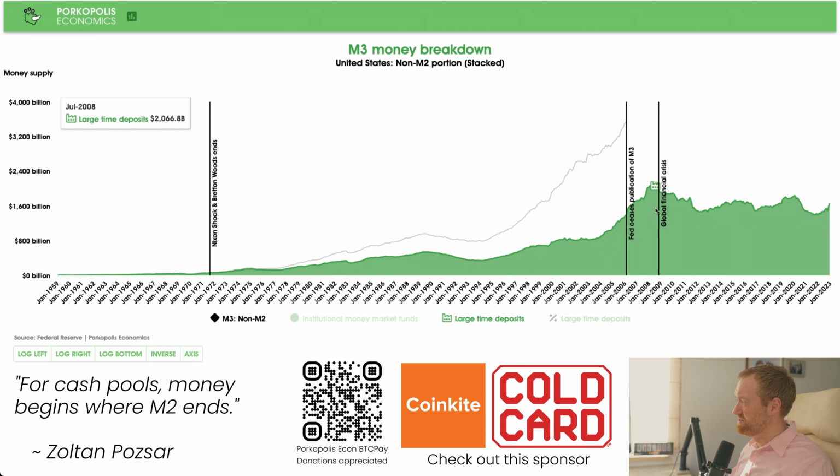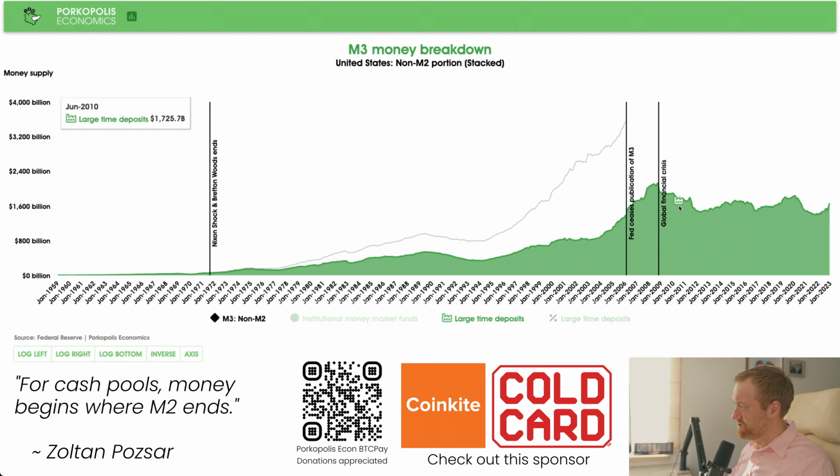After the global financial crisis, the Federal Reserve stepped in, Ben Bernanke, with massive liquidity and bond buying and corporate bailouts, and interest rates went from near 5, 6, 7% in certain cases, all the way down to near 0% in a matter of months. And interestingly, you can see time deposits react to that.